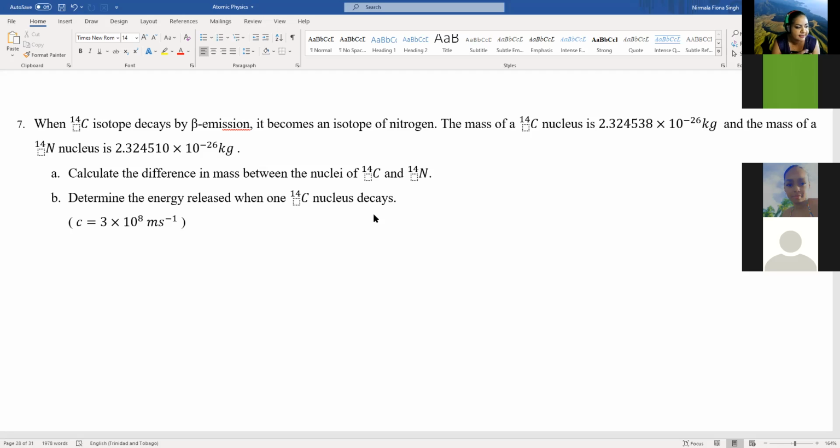Determine the energy released when one C14 nucleus decays. Again, when we're looking at things that travel at the speed of light, how do we know we're going to be using Einstein's equation? You have to be traveling at the speed of light. Guess what's happening here? They're telling us that it's traveling at the speed of light. So we're going to use the equation E is equal to mc squared.